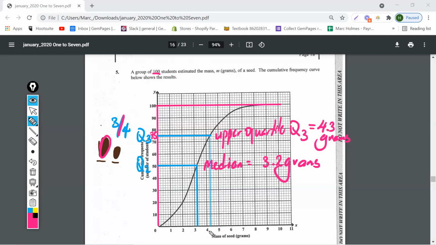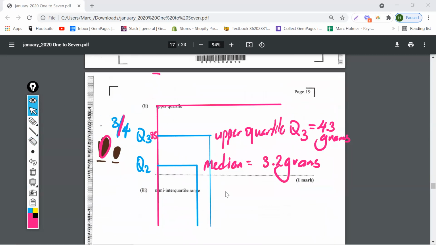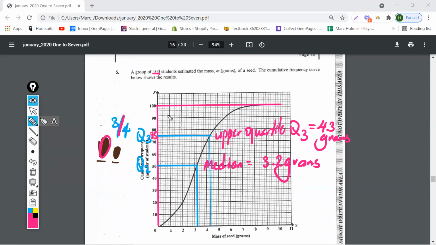And the last thing they ask us for, if you scroll down, is the semi-interquartile range, which they call the SIQR. The SIQR is always the upper quartile, Q3, minus Q1, the lower quartile, over 2. So we need to find the lower quartile now.